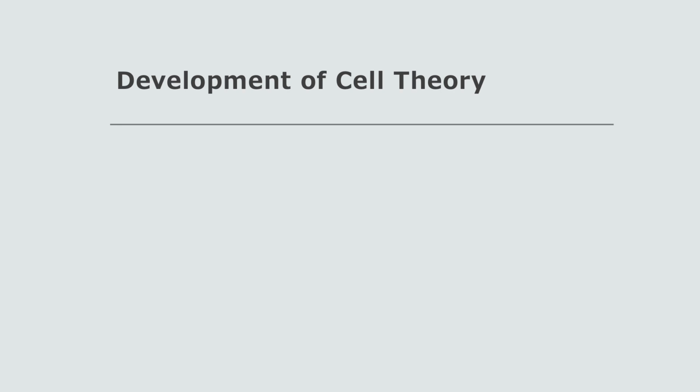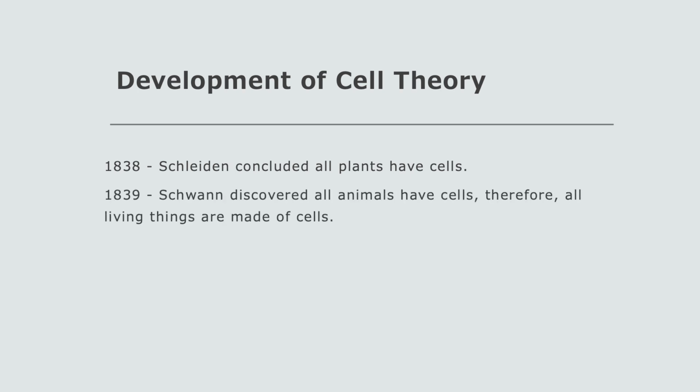Continuing to look at cells, we can develop the cell theory. We looked at Robert Hooke and Anton van Leeuwenhoek. Now we have Schleiden in 1838. He concluded that all plants have cells. And then in 1839, another scientist by the name of Schwann discovered that all animals have cells.